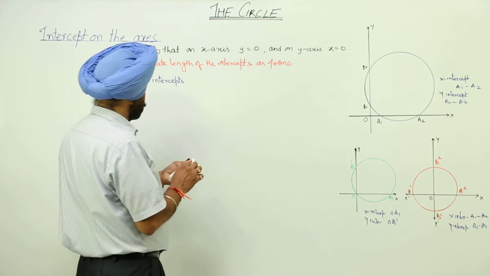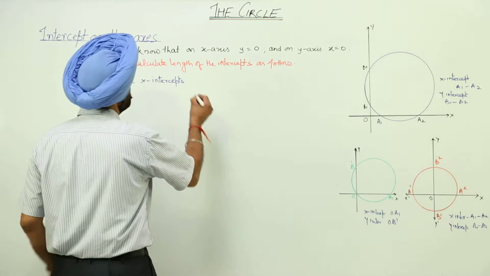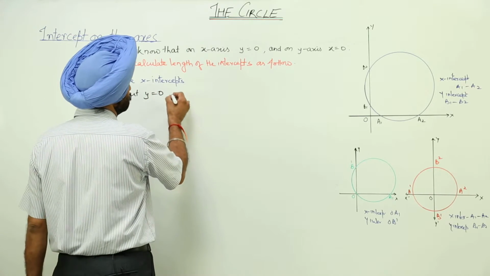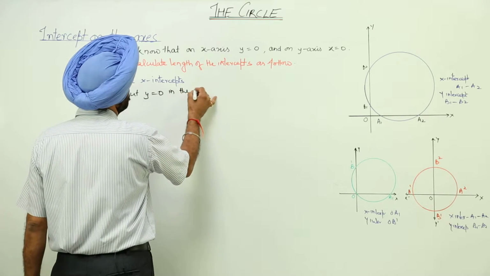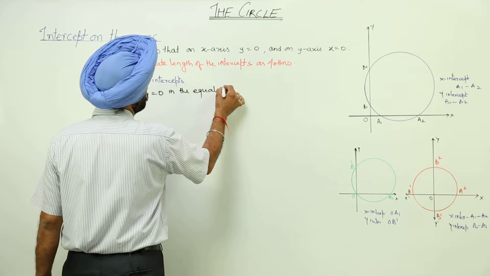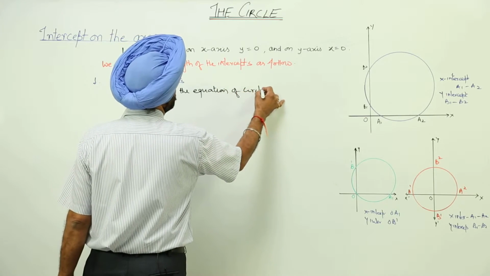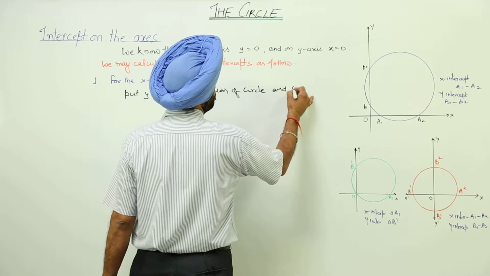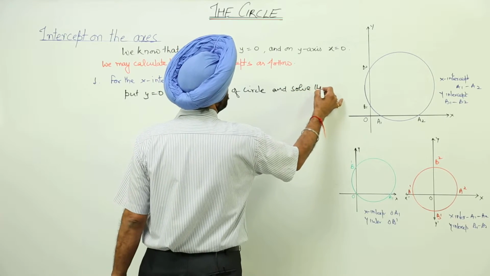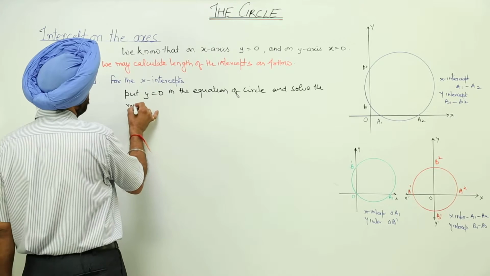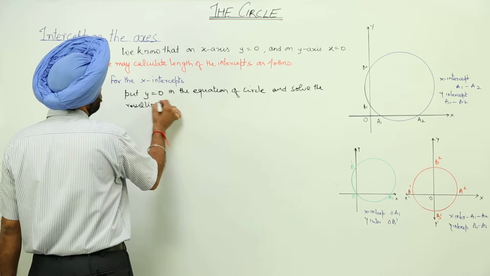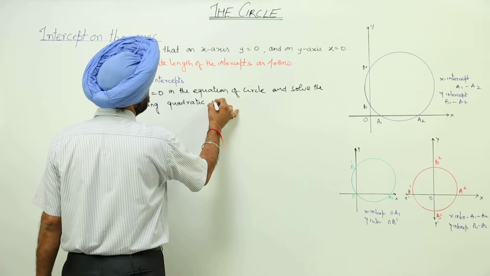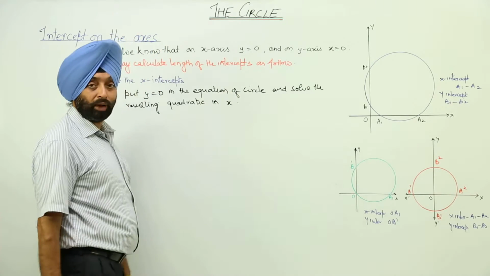Now, for the x intercept, put y is equal to 0 in the equation of circle and solve the resulting quadratic in x, because we have put y is equal to 0.